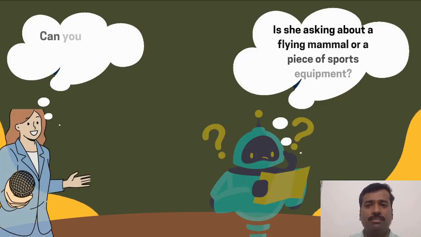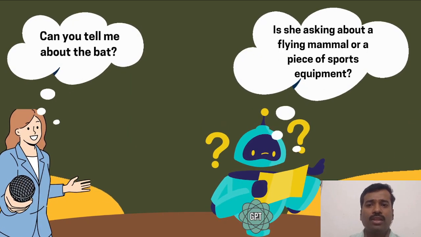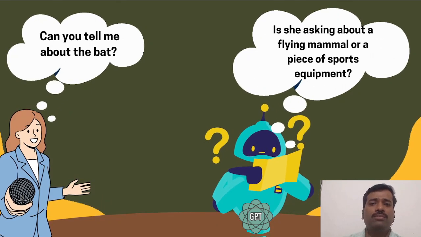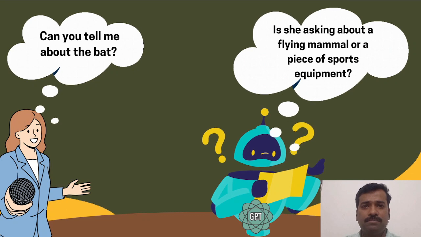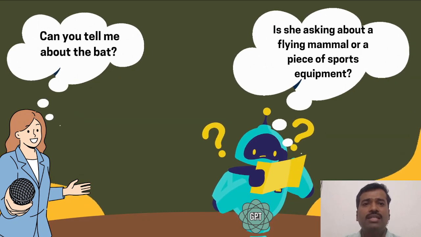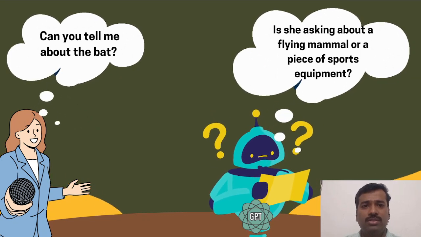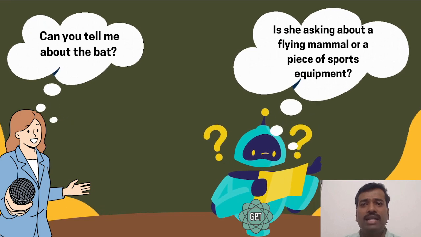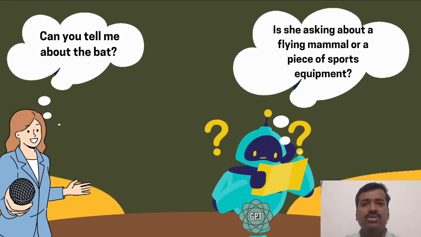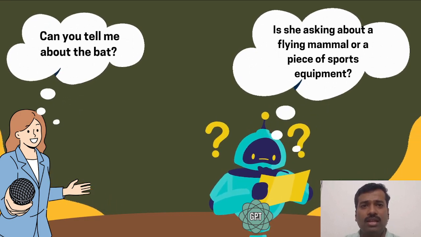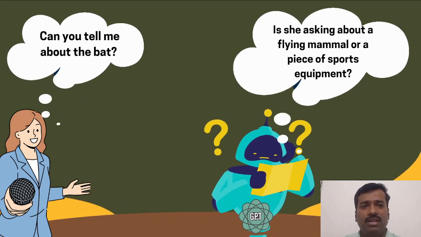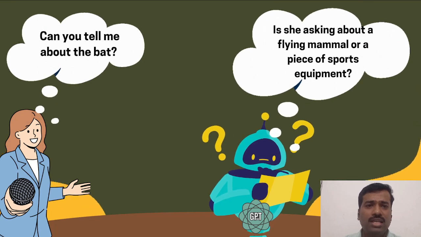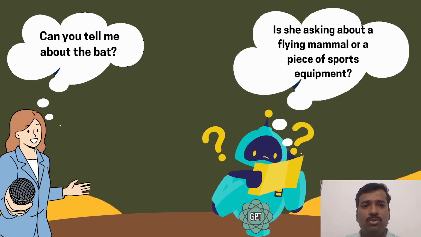Let's take one example. If you ask your AI assistant, can you tell me about the bat? Your AI assistant will get confused, because the bat has multiple meanings based on the context. It will wonder whether you are asking about the flying mammal or the piece of cricket sports equipment.